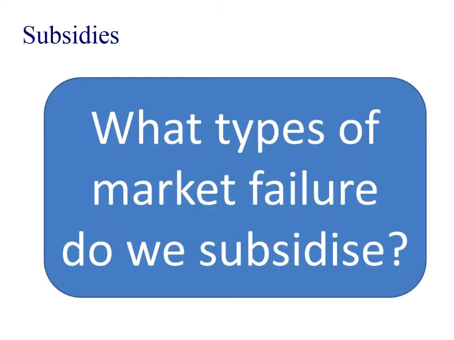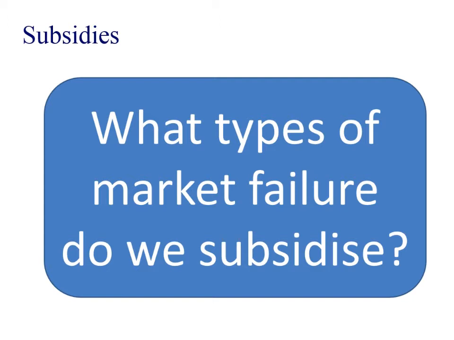Okay, firstly, let's look at what type of essays you'd be writing this for. So what type of problems, market failures? Well, we're really looking at anything where there's underconsumption, so wherever there's a positive externality caused, producers and consumers are not taking into account the external benefit, so they're under-consuming.